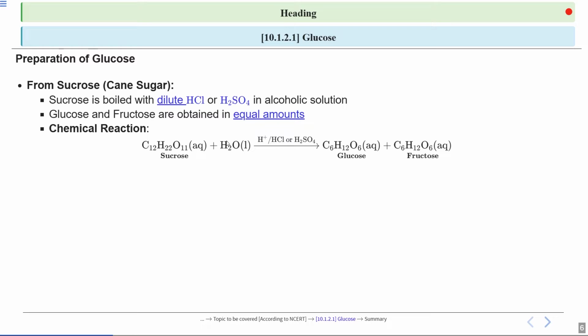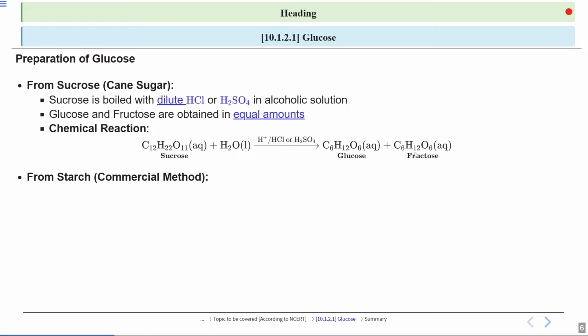It reacts with water, which is H2O, in presence of an acid like HCl or H2SO4 to produce glucose and fructose. Okay, so look, they have the same molecular formula. So you will see glucose and fructose are obtained in equal amounts.